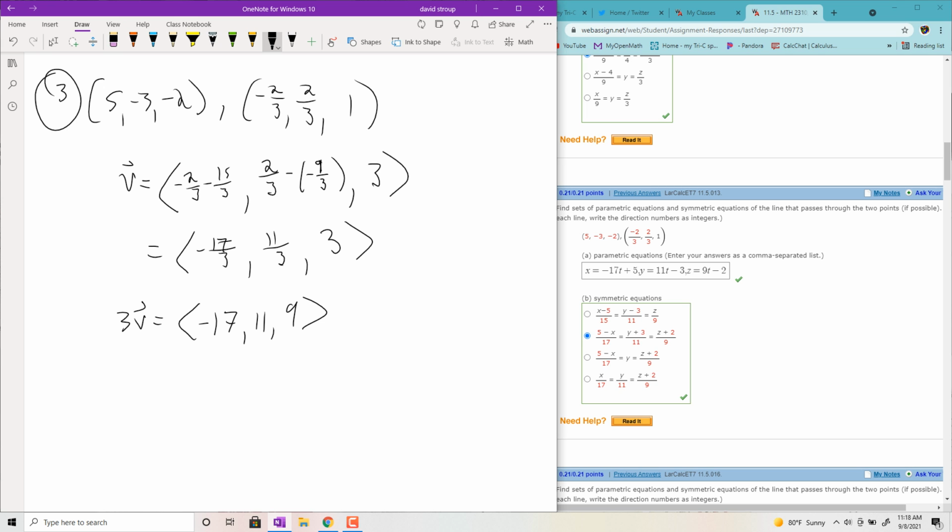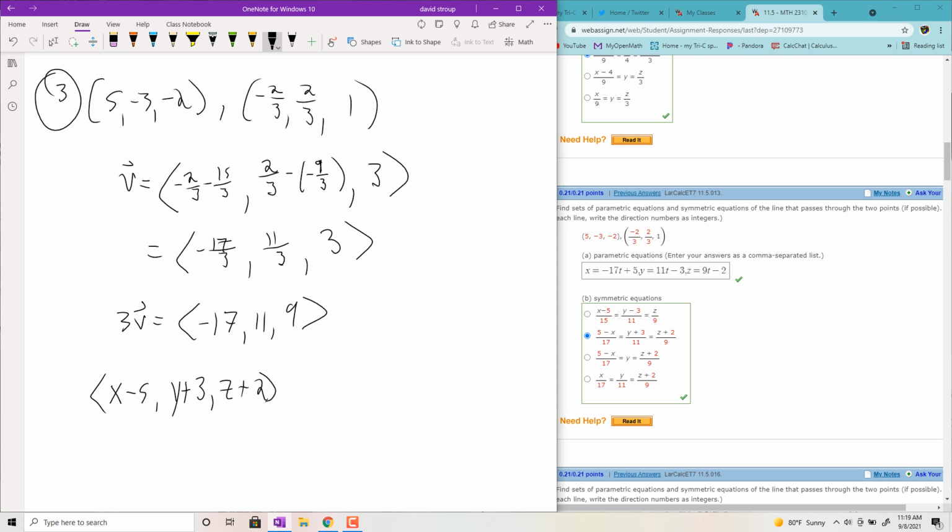And then the equation for a line is just the set of all points x such that when you make a vector, it's parallel to this given vector. So making a vector with the point xyz and 5, -3, -2, that will be x minus 5, y minus -3 or y plus 3, and then z plus 2.